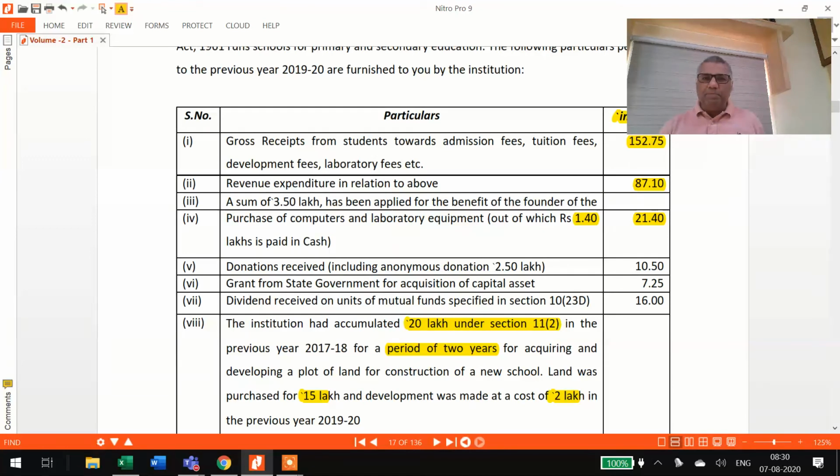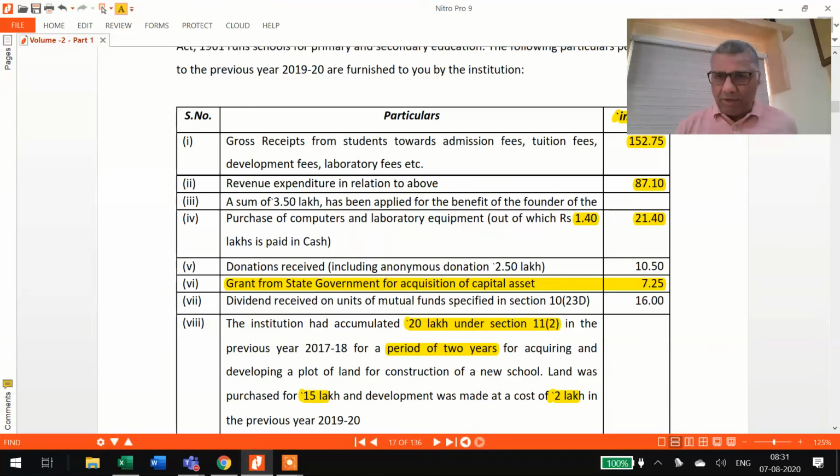Here I bring your ICDS also into the picture. Grant received from state government for acquisition of capital assets, 7.25 lakhs. They should have specifically said application of computer and lab equipments, but in the suggested answer they said that is the only asset purchased, so it will not be taken.